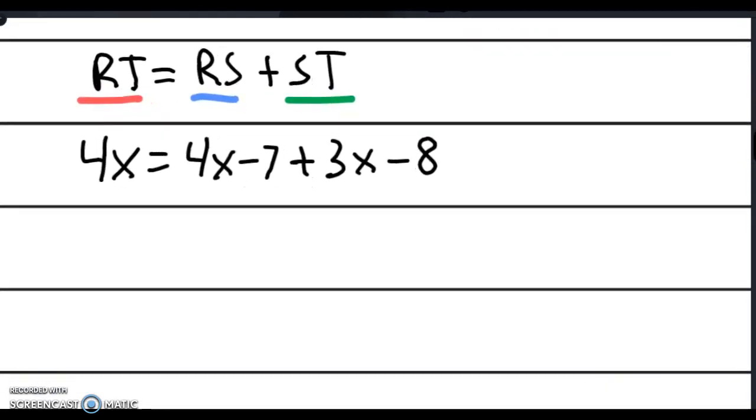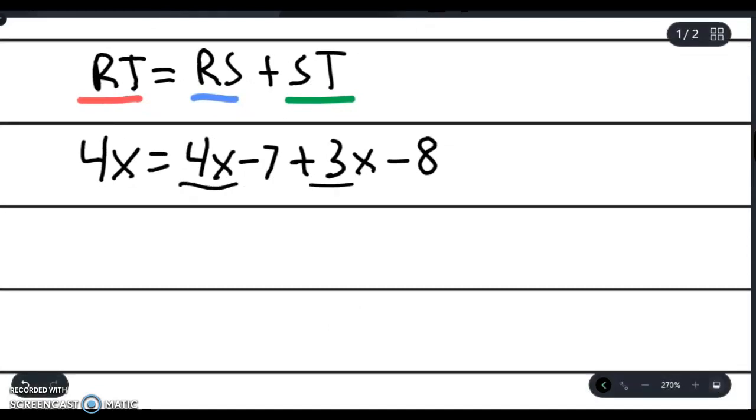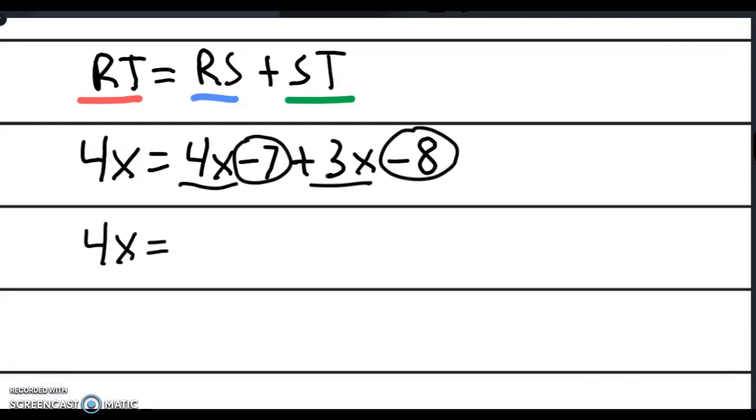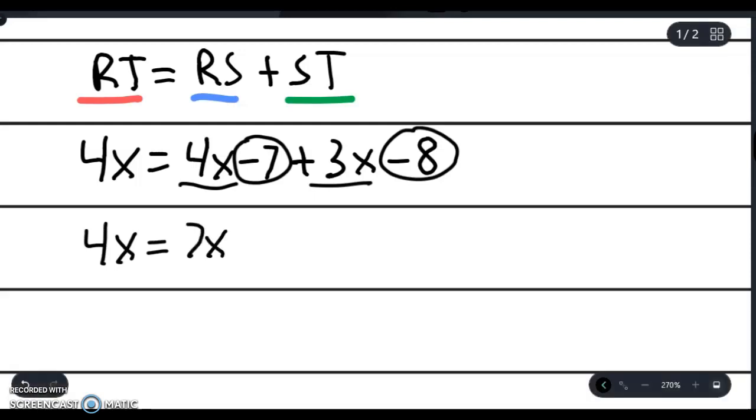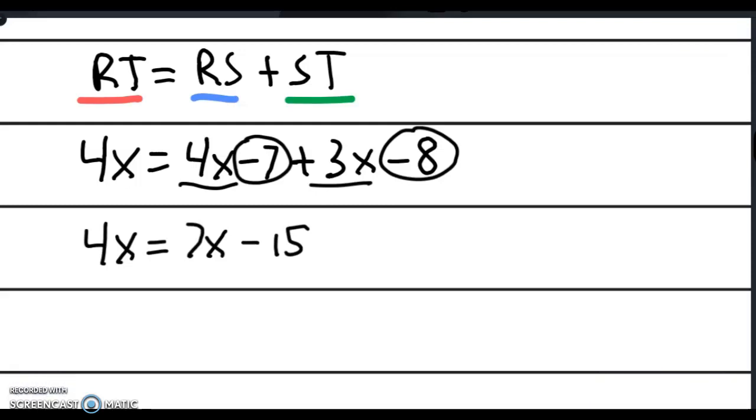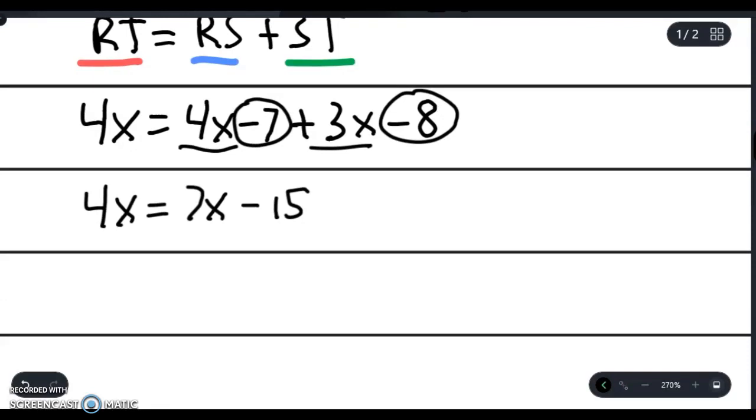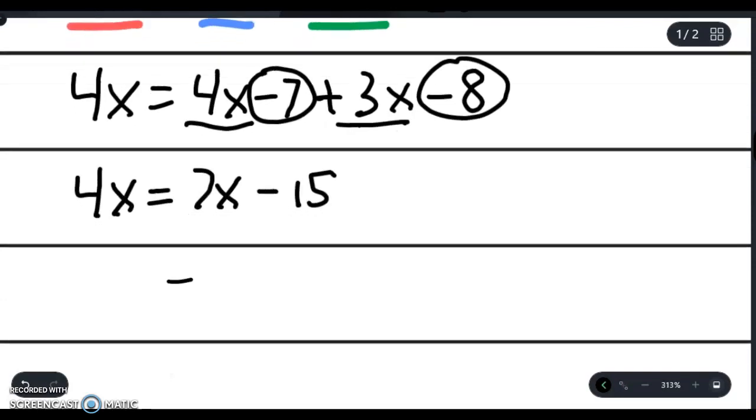Now we're going to combine like terms, 4x and 3x, negative 7 and negative 8. So I have 7x and negative 15. Now I'm going to subtract the 7x on both sides.